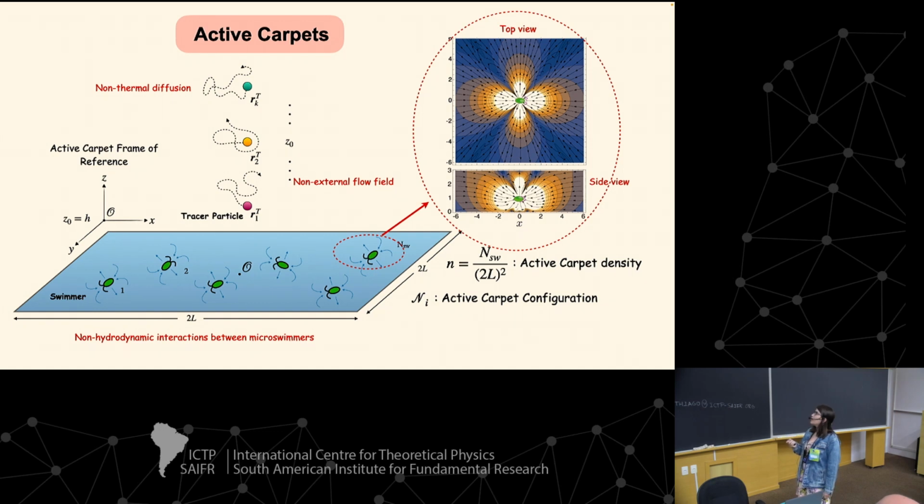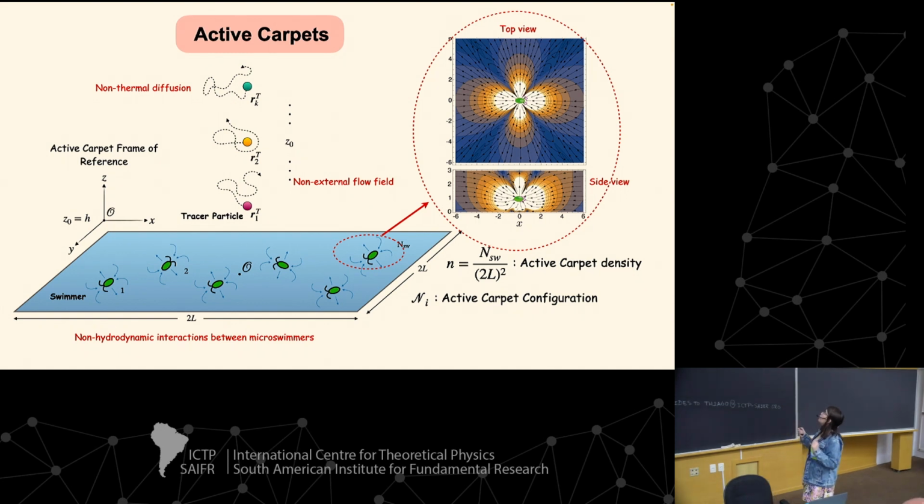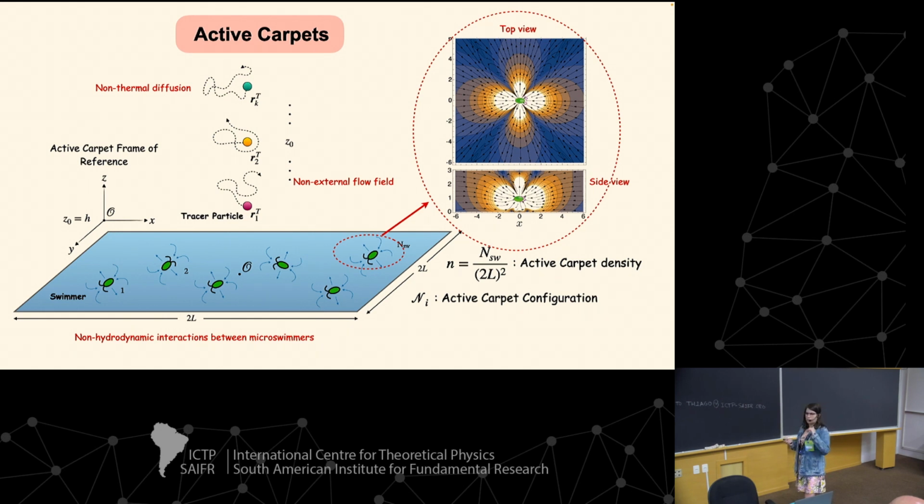For us, the active carpet, in terms of simulations, we can consider as a flat boundary with periodic boundary conditions. So our microswimmers are allowed to move only in 2D. They are moving parallel to this surface, and they are exerting flow fields. The flow fields are only steering the fluid above the active carpets because we are not considering hydrodynamic interactions between the microswimmers.